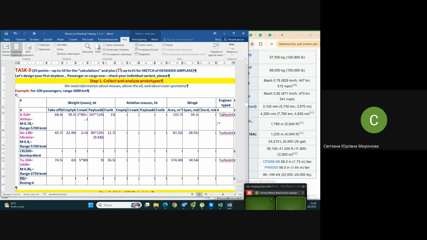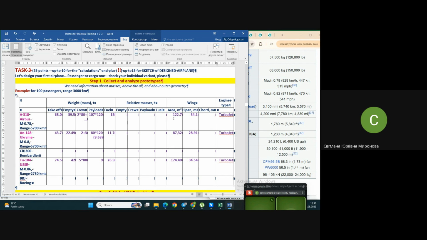Variants of engines placing, they may be very different for passenger airplanes, especially. It may be on the wing. It may be at the end of the fuselage, like behind of the passenger cabin, on the rear portion of fuselage. So here should be additional column, something like short description of the airplane.